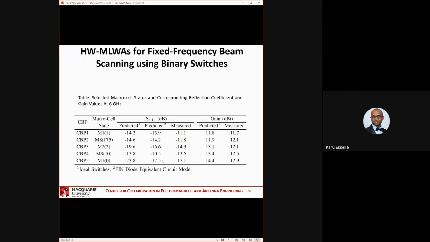So these are more like ideal switches. Even then you can see the matching is good for all of these, and the gain with actual switches would be less than this, sometimes by a dB or so, but because of the ideal conditions we are getting gain around 11.7 to 12.9 dBi.